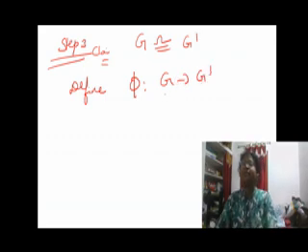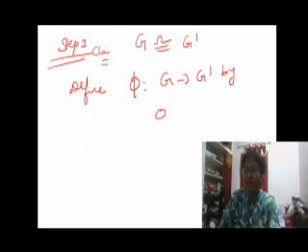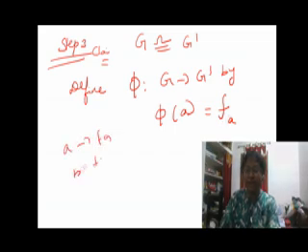All the members of G are elements, and all the members of G dash are functions or permutations. So remember that. How am I going to define it? If you take an element a from G, phi of a, I'm going to map it to f_A. For b, I'm going to map it to f_B. Like that, I'm defining a function.